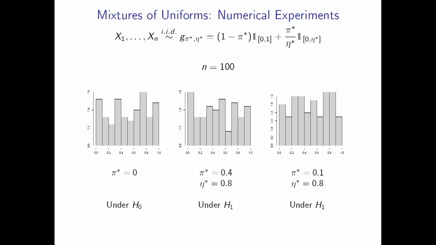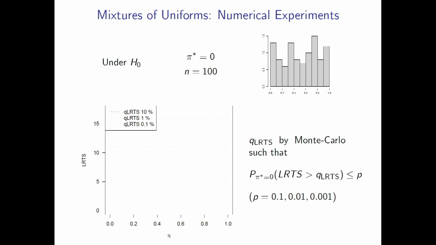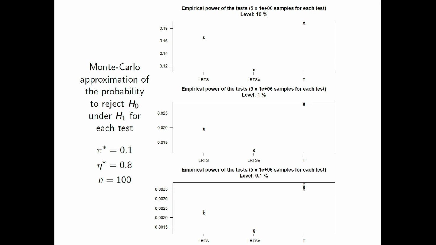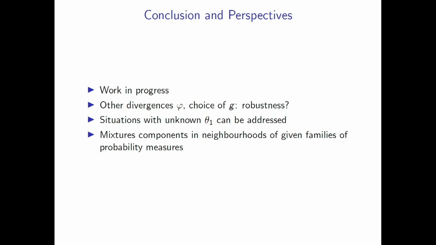We ran a numerical experiment to compare them, and I have to be quick, so I go to this just to tell you that in some settings it's not rare that our test is more powerful than the usual likelihood ratio test. There is no reason that it would not be, because in this situation the conditions are not fulfilled for the likelihood ratio test to be uniformly most powerful. But that just illustrates that this test is interesting to look at.